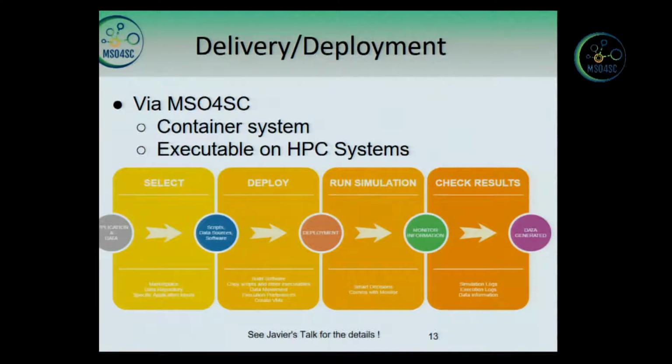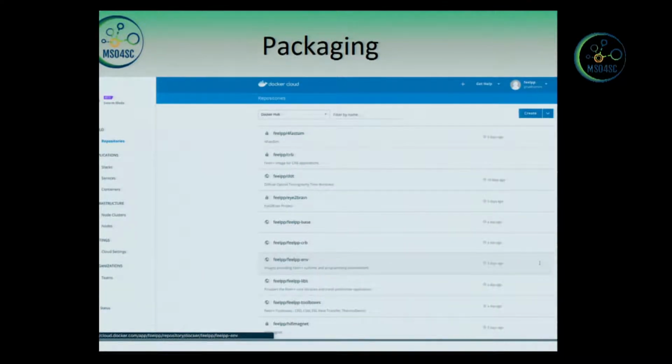And the last part is about deployment. So in that case, that would be through MSO4SC. Docker Cloud, actually, that I just showed you a screenshot of the Docker Cloud web page. Docker allows deploying services. You see, they have all kinds of tools to deploy services, but not necessarily to do high-performance computing or to deploy big applications.